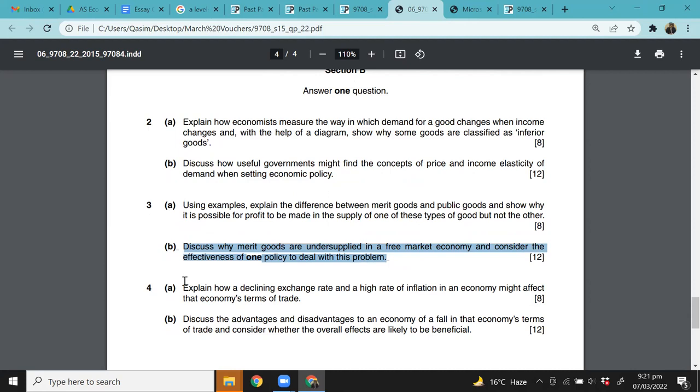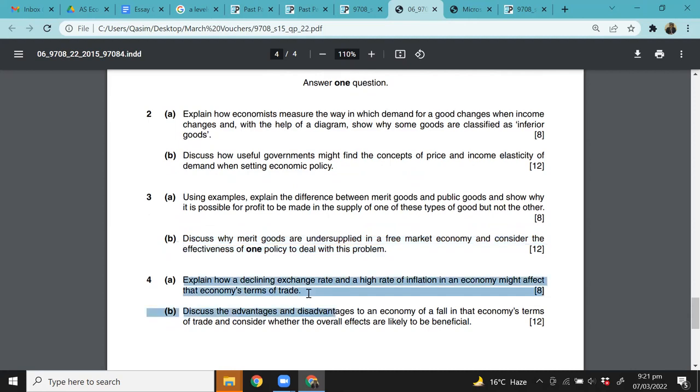Then the last question says, explain how a declining exchange rate and a high rate of inflation in an economy might affect that economy's terms of trade. And the B part says, discuss the advantages and disadvantages to an economy of a fall in the economy's terms of trade and consider whether overall effects are likely to be beneficial.